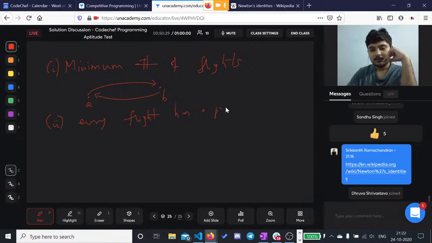Okay, and the third criteria is that you want to maximize profit. Okay, and you also want to maintain that from any city you can go to any other city.